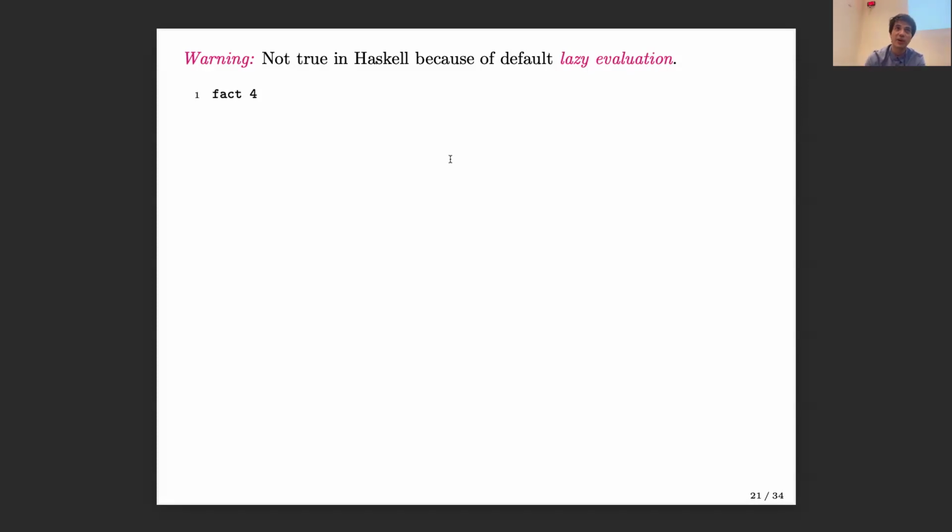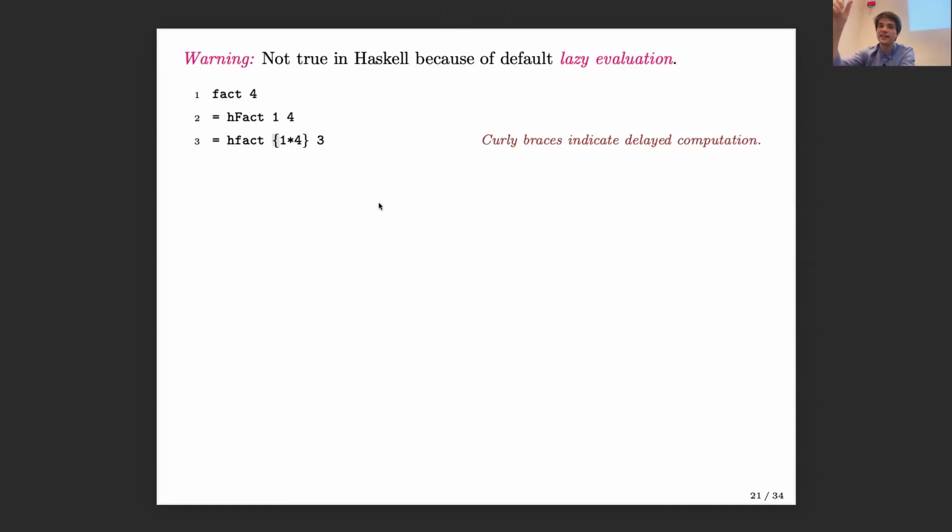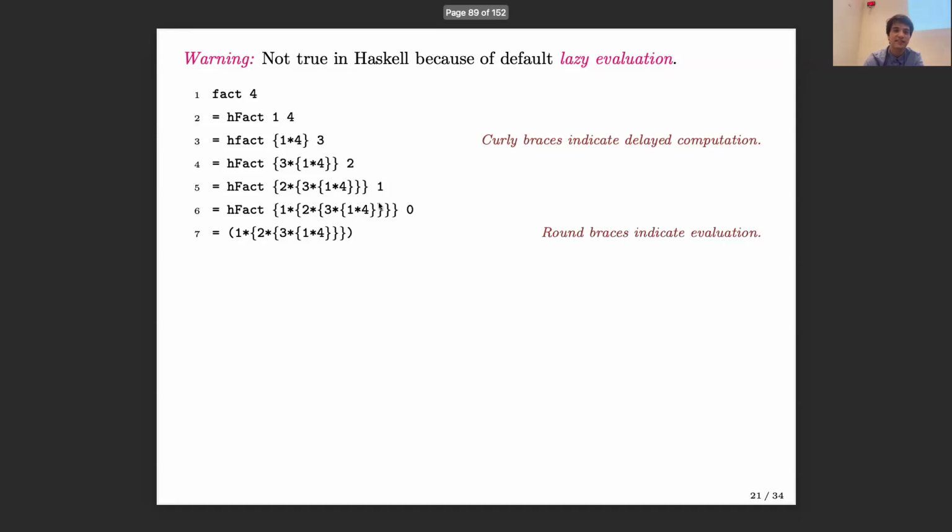Haskell is lazy evaluated. So if I were to do this tail recursion, it works like this. Factorial of 4 calls this helper factorial. And I'm going to put these curly braces for Python saying I'm being lazy. I'm not going to compute this yet. In an eager evaluative language, this would just be computed at the point of those two numbers contacting. But in Haskell, no. So if I call this, then H factorial gets called with that lazy expression, and returns that.